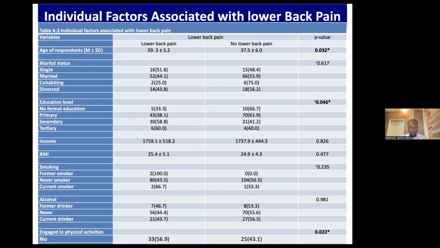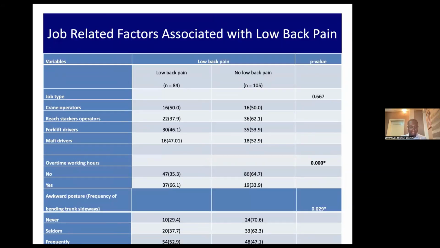Educational level was also significant, with a p-value of 0.046. And their engagement in physical activity was also significant, with a p-value of 0.022. All these were significantly associated with low back pain.